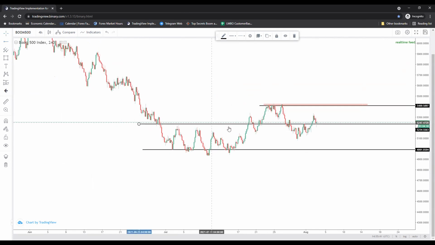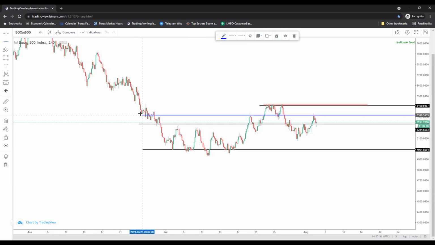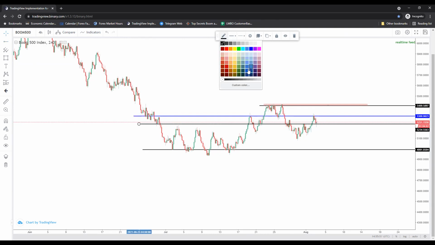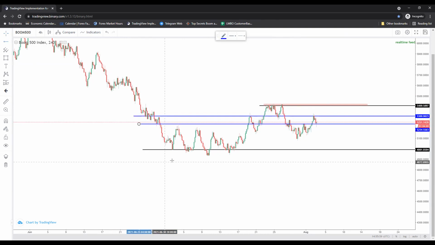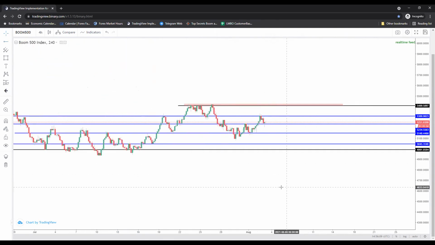I'll quickly put some lines on the 4 hours. Probably I'll change the colors to blue. For the 4 hours, I'll make it blue. All right, we are done with the 4 hours.